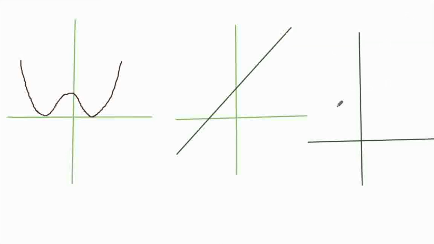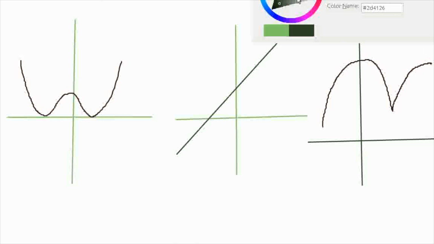This would be fine, even if it had a little cusp like that. That could also be a function, because in none of them are there points one on top of another one.